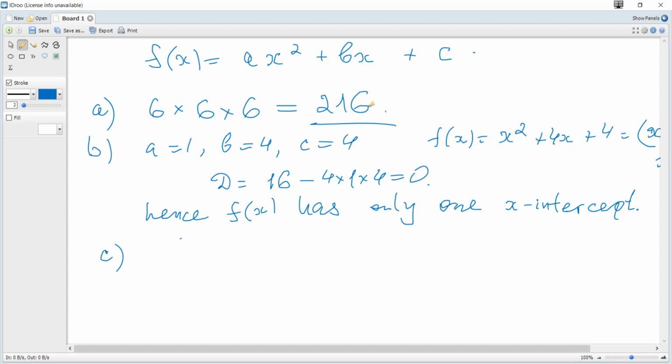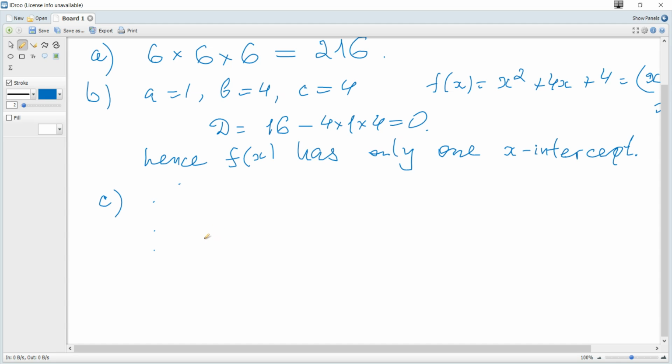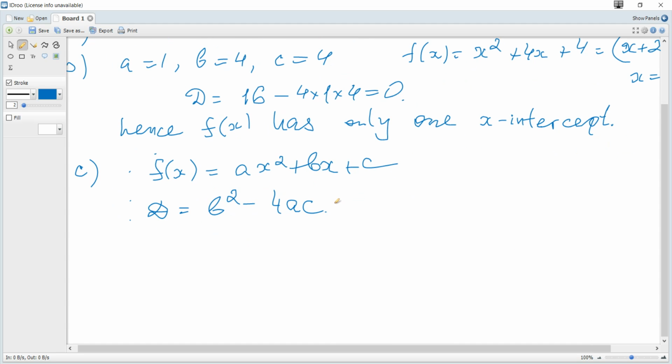The total number of possible values of a, b, c to be generated is 216, and it's a hint that there must be 5 variants so that there is only one x-intercept. We should use the discriminant. The function in general is ax squared plus bx plus c, and the discriminant is b squared minus 4ac, and it must be equal to 0.